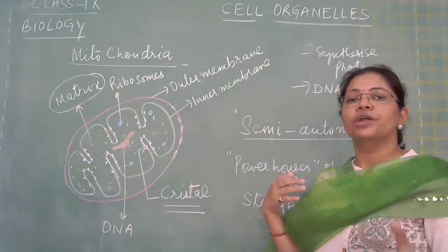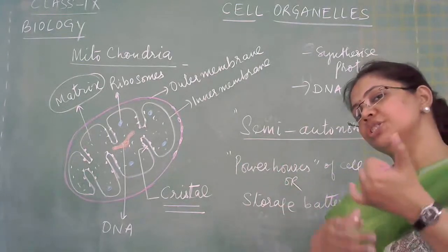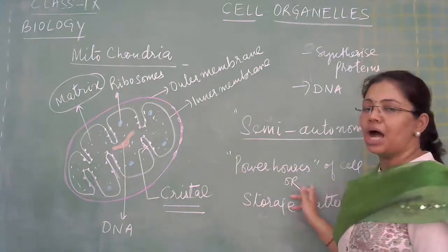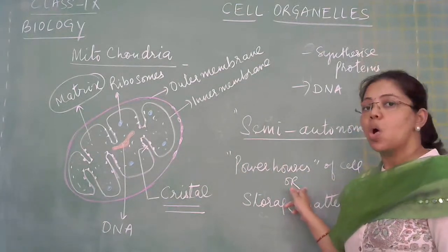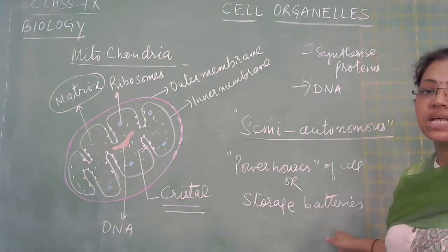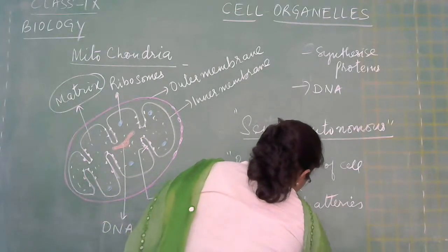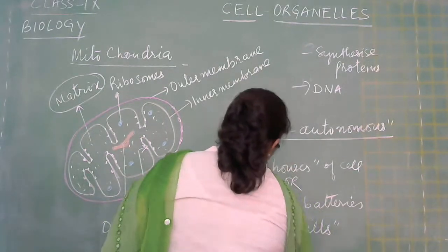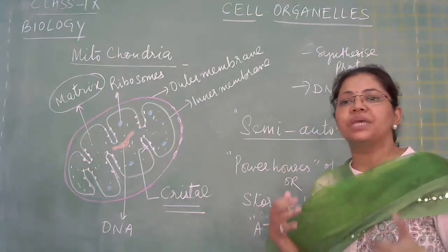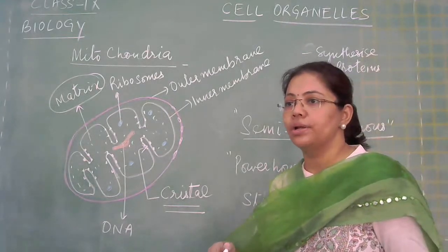Since mitochondria release energy in the form of ATPs and this energy is used by the cell for various activities, we say that mitochondria are the powerhouses of a cell, or these are also known as storage batteries of the cell, or these are sometimes also referred to as ATP mills. Yes, we also call them ATP mills. That is for mitochondria only.